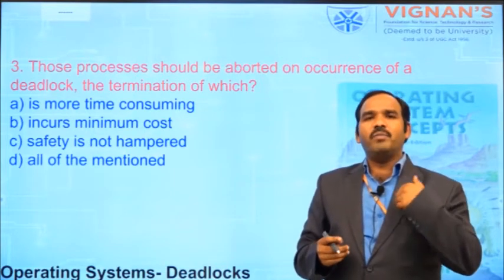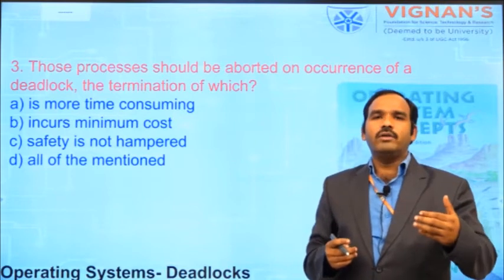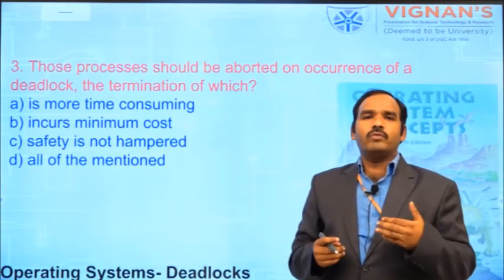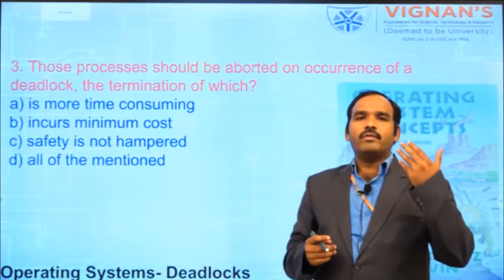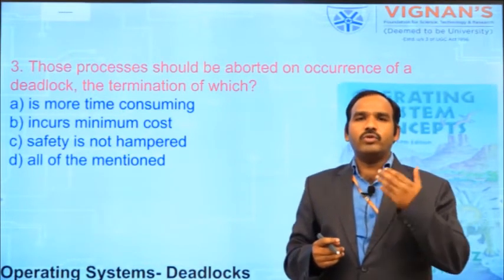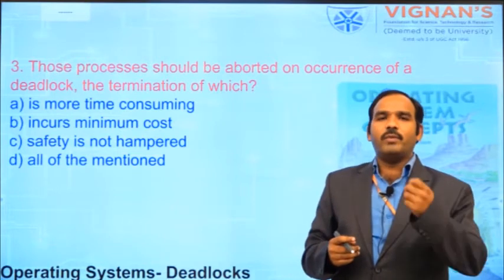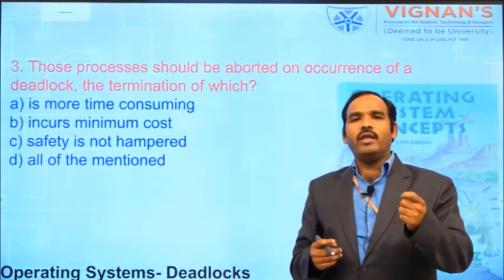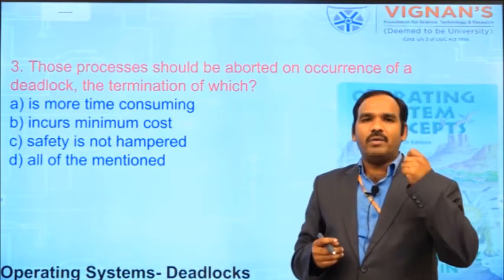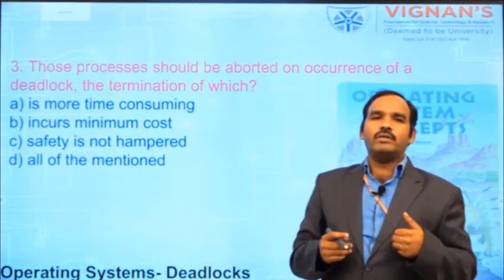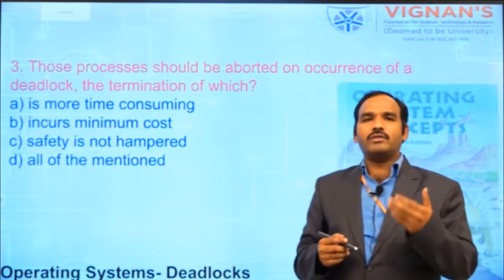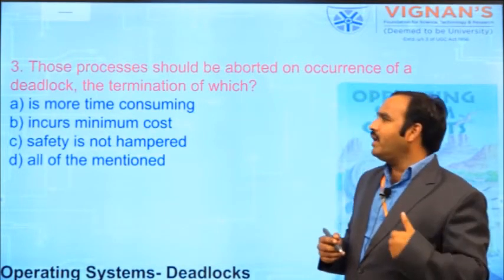If it has almost completed the execution and you select that process, it creates a maximum cost. You should not select such a process. If the process has completed only a little execution and you select such a process, the cost may be minimum.